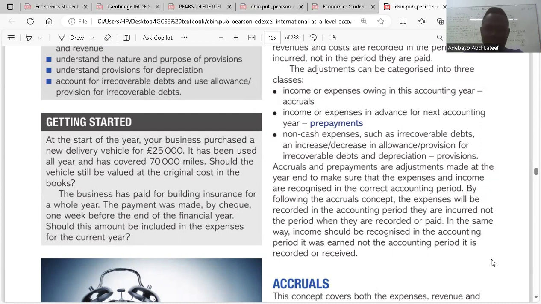These are the three adjustments that will need to be made when we are preparing our financial statement for the year.